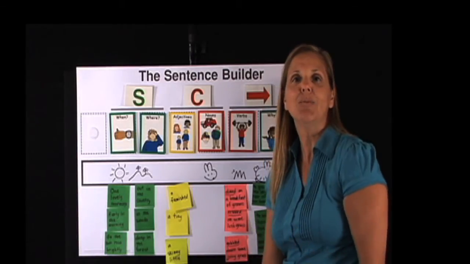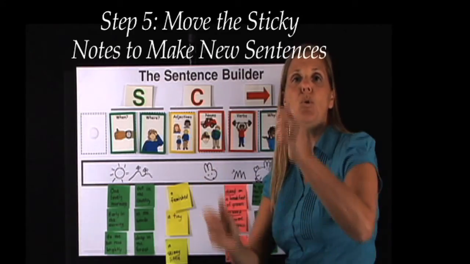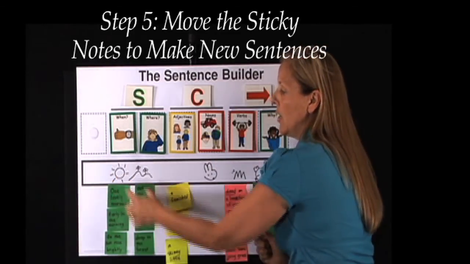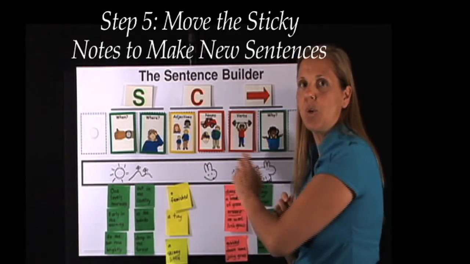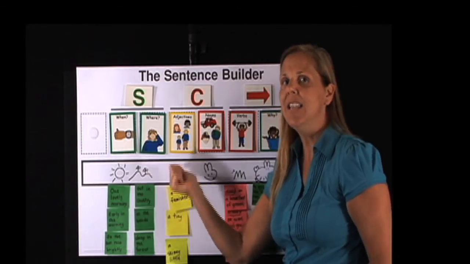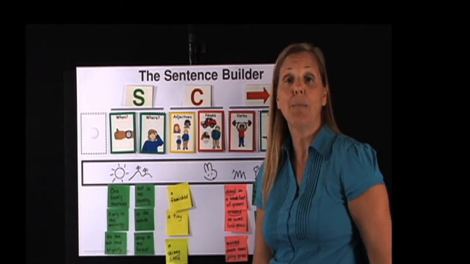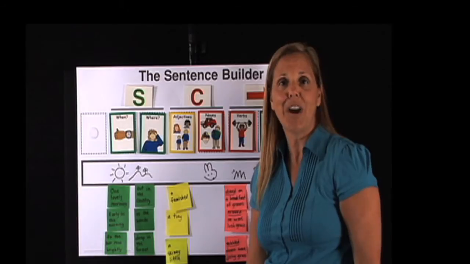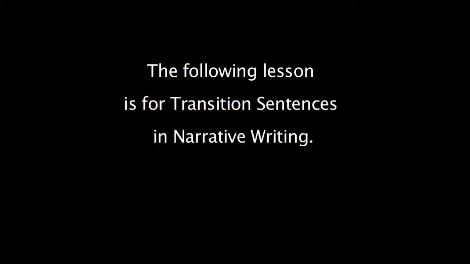And then finally we went to step 5, where we moved the sticky notes. We took a sticky note from each one of our columns to create a more sophisticated and exciting story opening sentence. This is a great way to help your kids come up with an opening sentence to their narratives that they're ready to write.